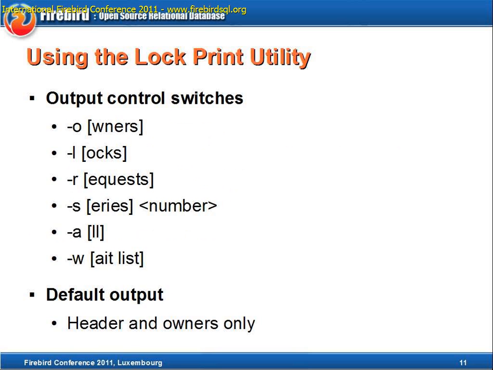By default, it prints only the header block and enlists all the owner blocks. But there are many options if you want to print only owners, only lock requests, only lock resources, if you need to print everything with the A switch, if you want to get only the waiting lists and possible deadlocks detecting is done with the W switch, and so on.